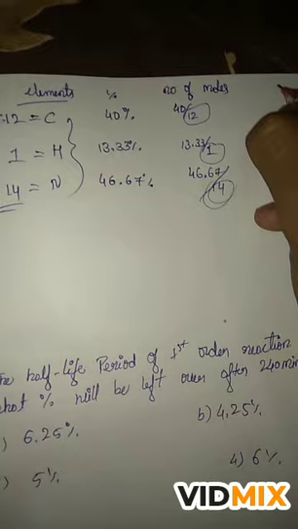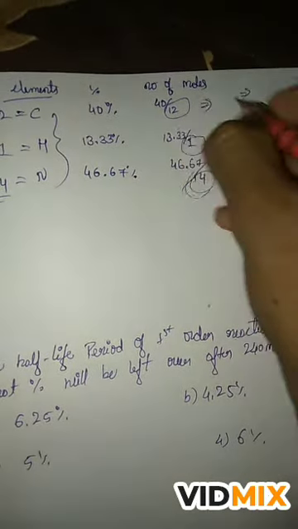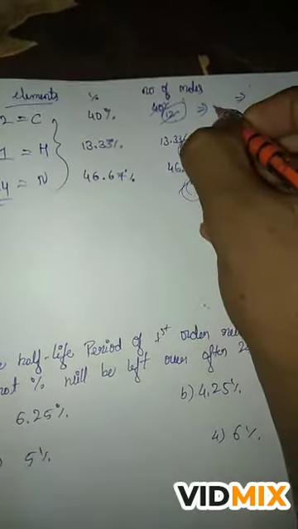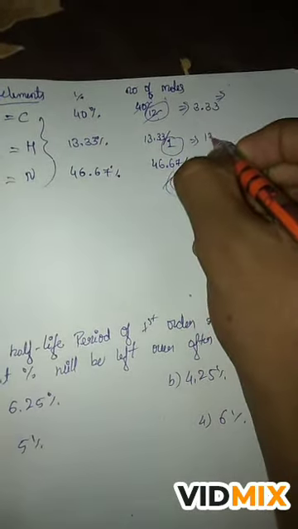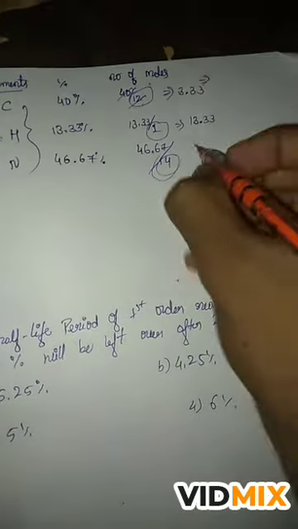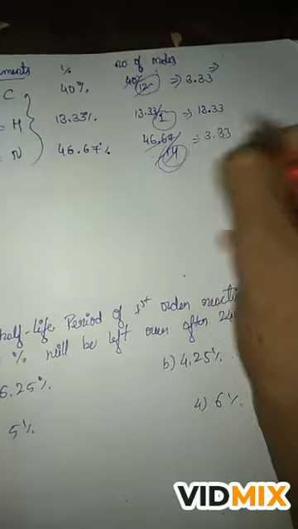On dividing we get 3.33, this one with denominator 1 gives 13.33, and on dividing this one also we get 3.33.